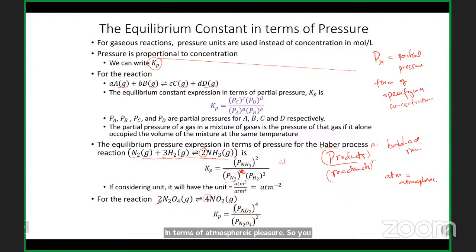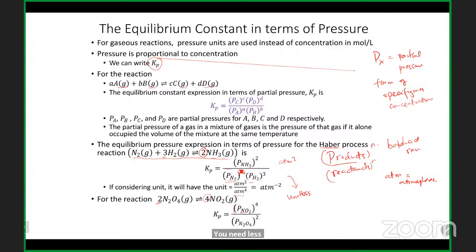This one is atmosphere squared, and this is atmosphere raised to power 1. So cancel that, and that's atmosphere. So it doesn't always cancel out. However, it is written unitless.